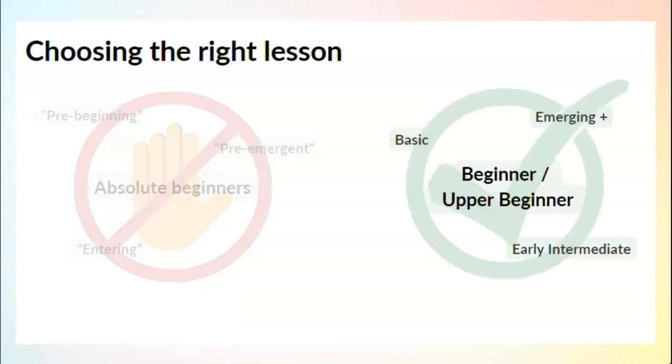Whole class instruction works best when the lowest level in your class is at least beginner or upper beginner. Sometimes this is referred to as emerging plus, beginning plus, or early intermediate, or basic level proficiency.